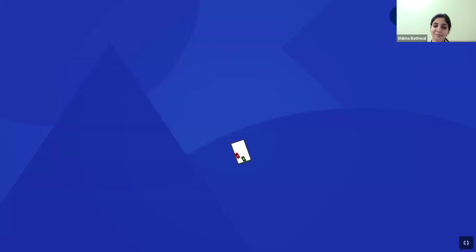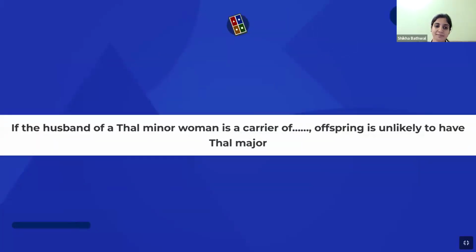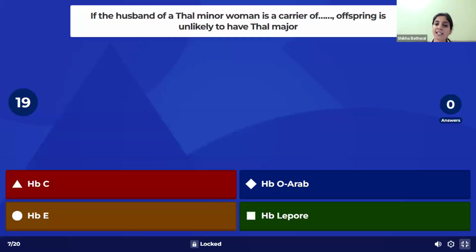Next question. If the husband of a thalassemia minor woman is a carrier of dash, offspring is unlikely to have thalassemia major. HbC, HbO Arab, HbE, HbLepore.